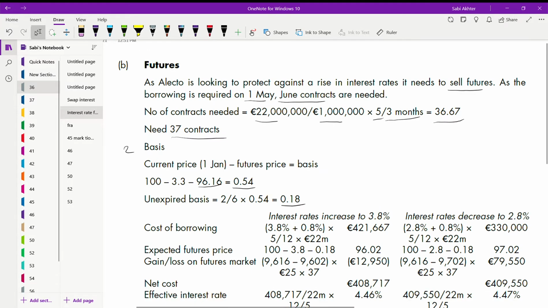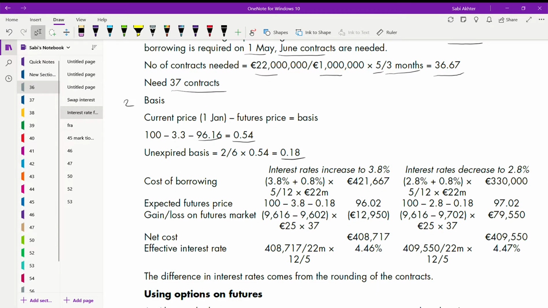Now coming to interest increase or decrease, same. This question is also about interest increase or decrease. As you can see, you need to calculate the cost of borrowing, the expected future price, the gain or loss on the future market, the net cost, and finally the effective interest rate.